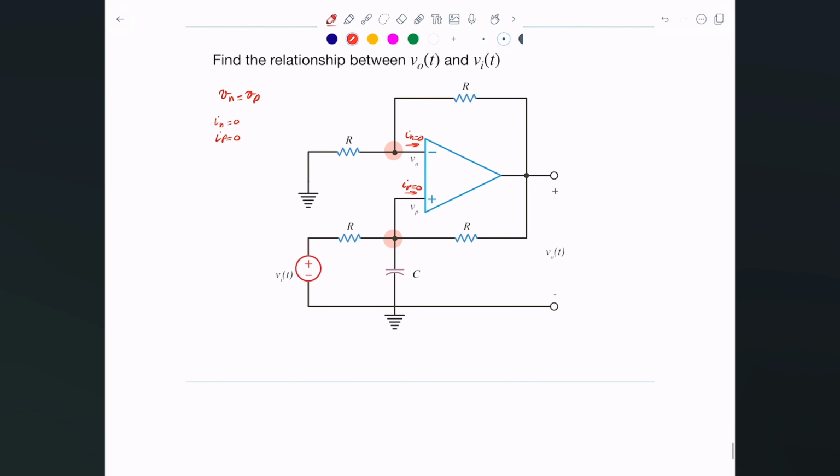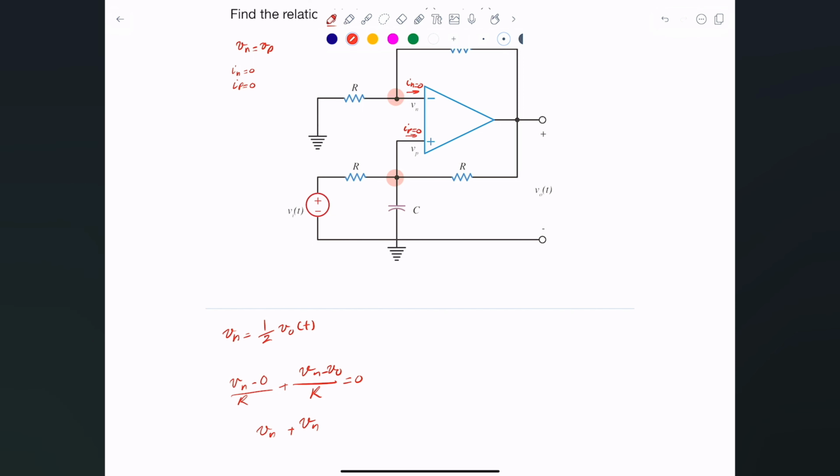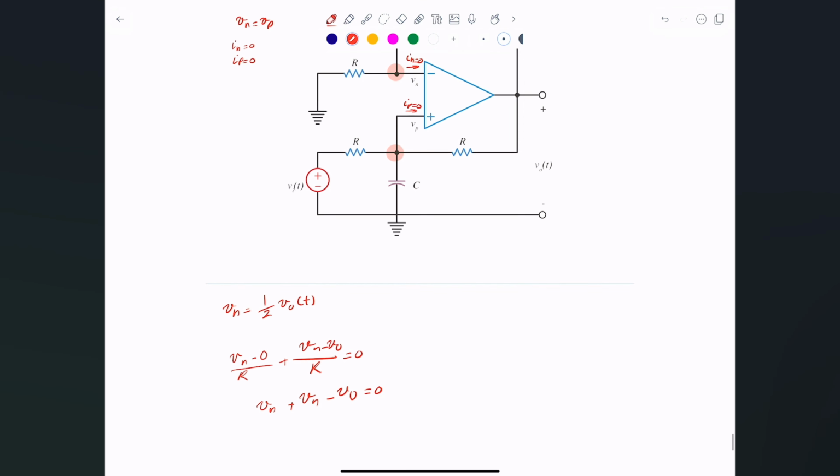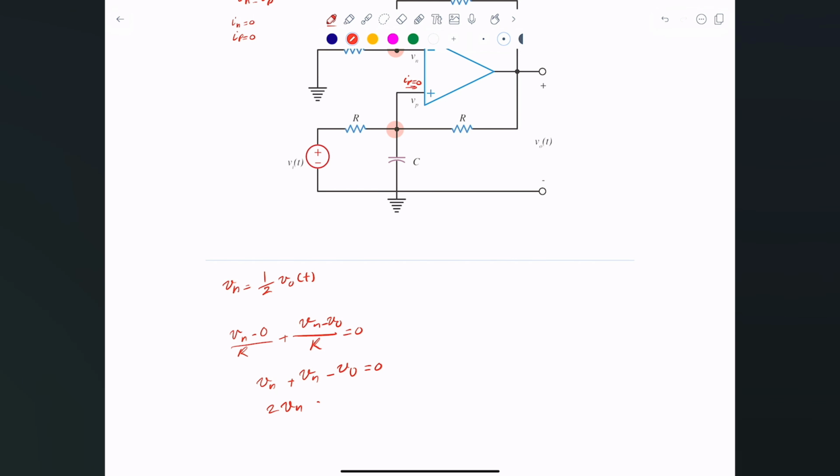You do the calculation and you end up with Vn plus Vn minus Vout equals 0. That means 2 Vn equals Vout, so Vn is simply half of Vout. That's the same thing we figured out directly from voltage division.